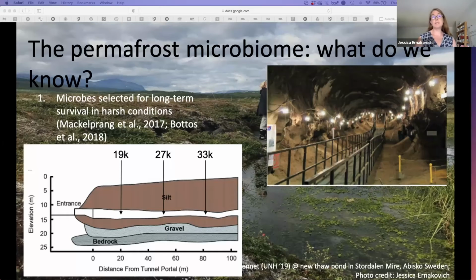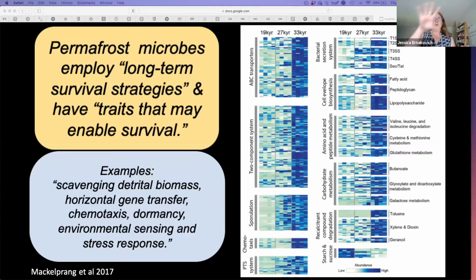So pretty old. For those who can look at heat maps quickly, that's on the right, but if you can't, I'll tell you what it says. They came to the idea that permafrost microbes employ long-term survival strategies and have traits that may enable survival. Examples include scavenging detrital biomass, horizontal gene transfer, chemotaxis, dormancy, environmental sensing, and stress response.